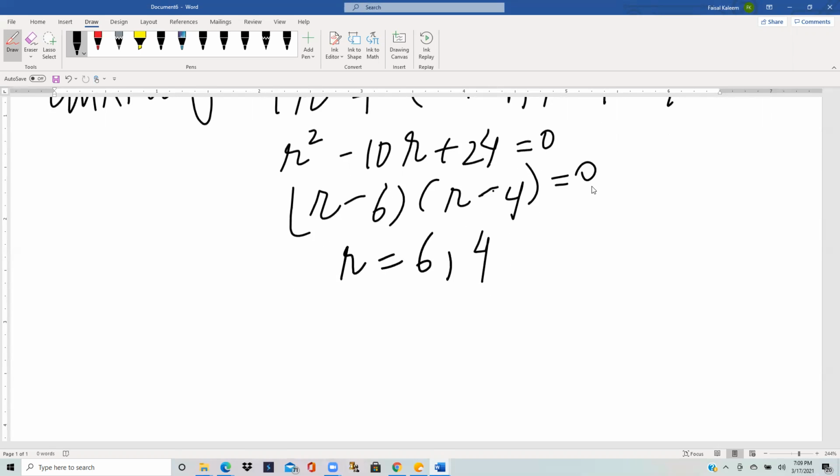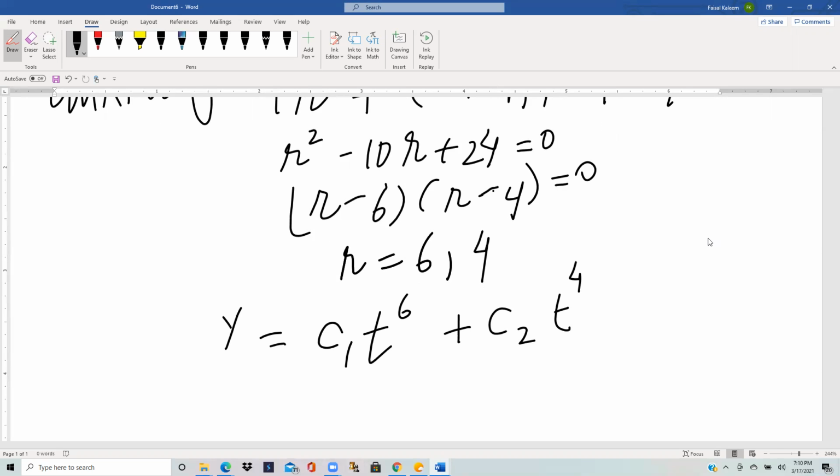In this case we know it's real and distinct roots, so y = c1 t^6 + c2 t^4.